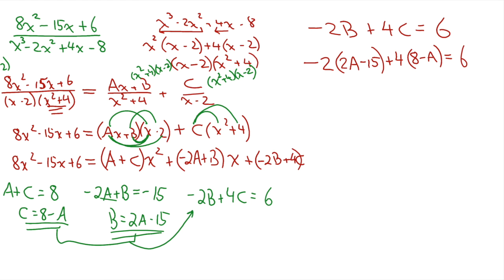I'm not saying this is the only way that works, it just seems the most logical. Sometimes before you start moving anything around, you try to focus it into one direction. You could do elimination on this, it's not pretty, but you could. So this would become negative 4A plus 30 plus 32 minus 4A is equal to 6.